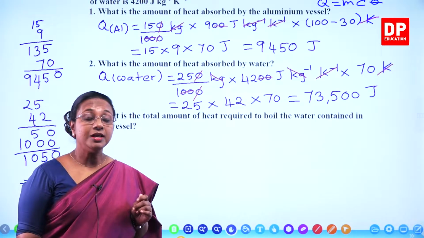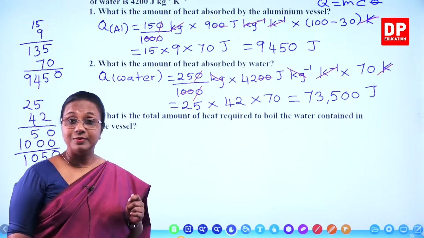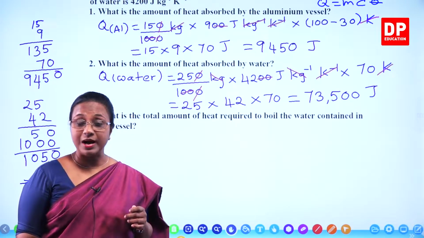What is that amount? That is the amount of heat absorbed by the vessel as well as the amount of heat absorbed by water.